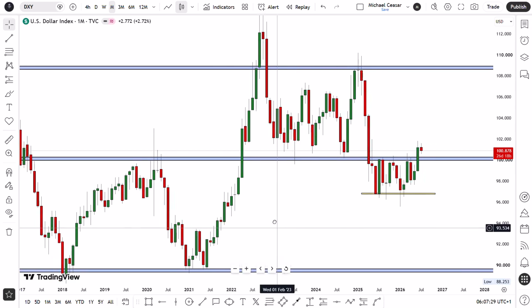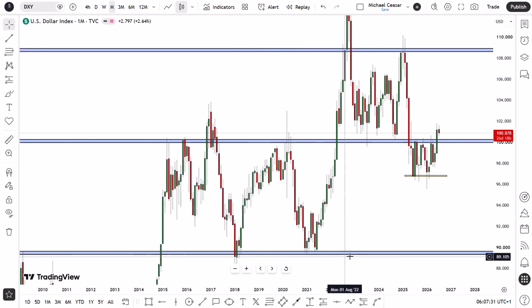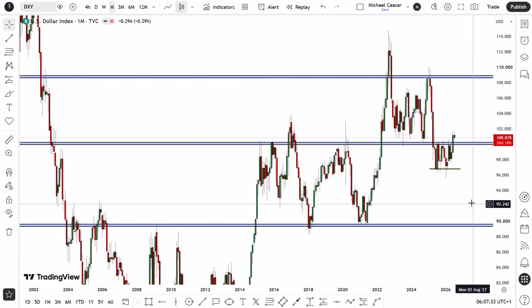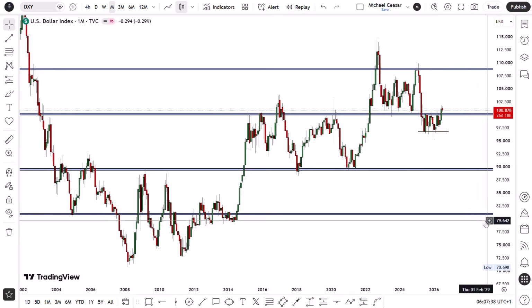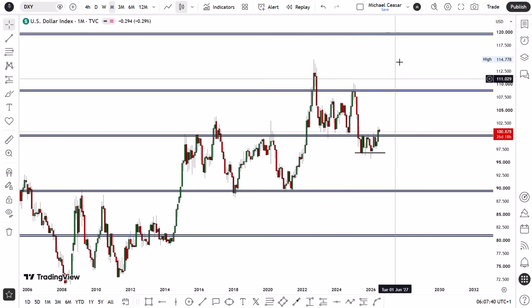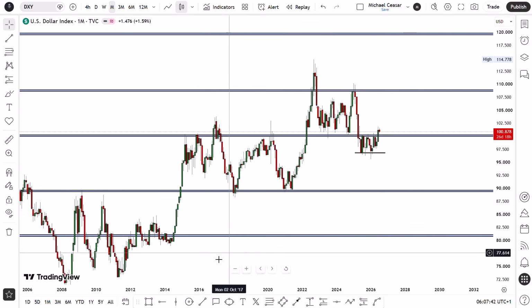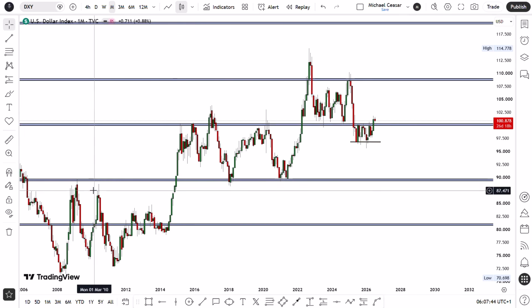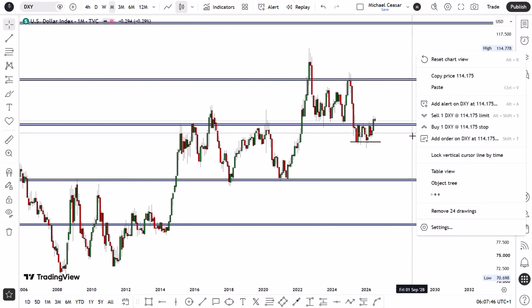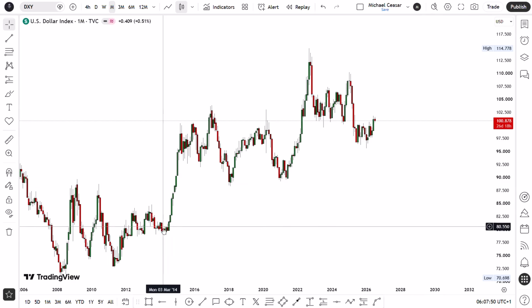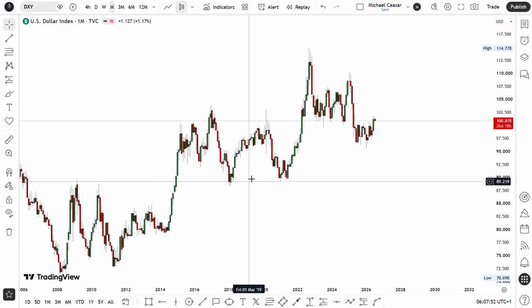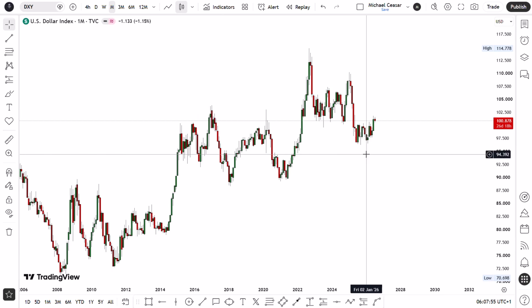Not much talking. From where we left off last week on DXY, we already established that DXY is now on its way to the upside, at least to this region. And we explained last week that on a higher time frame, DXY has been creating a series of higher highs. This is a low, this is a higher high, this is a low, this is a high, this is a low.